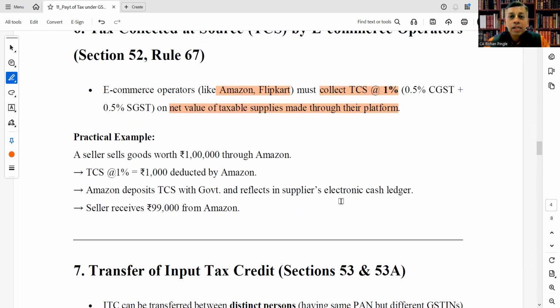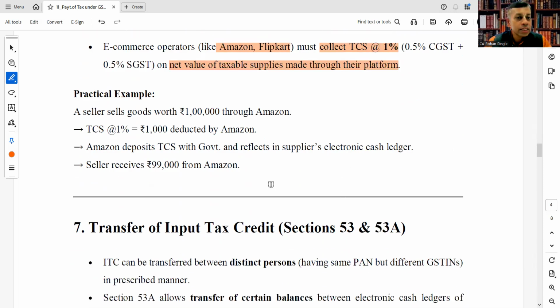Let's see a practical example so that you can easily understand. A seller sells goods worth rupees 1 lakh through Amazon. TCS at the rate of 1%, that is rupees 1,000, is deducted by Amazon. Amazon deposits this TCS with the government and it is reflected in the supplier's electronic cash ledger.